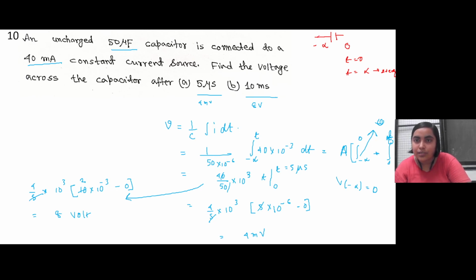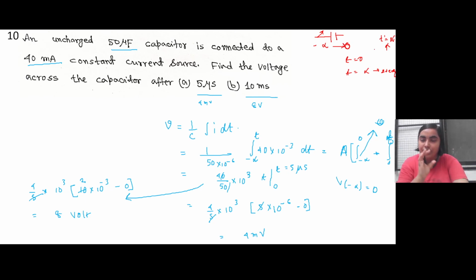Now if the switch is opened at time t equal to 0, you have to consider that from minus infinity to 0 it has reached the steady state. Sometimes the question will be given such that time starts at t equal to 0 and at t equal to plus infinity it will be the steady state.